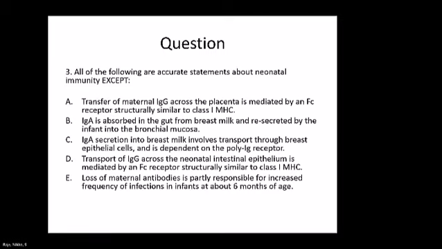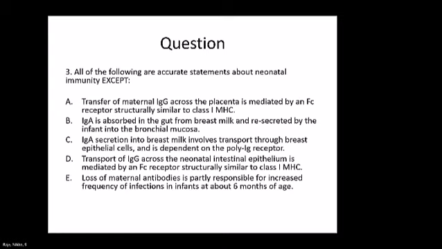Choice C, IgA secretion into breast milk involves transport through breast epithelial cells and is dependent on the poly-Ig receptor. Choice D, transport of IgG across the neonatal intestinal epithelium is mediated by an Fc receptor structurally similar to class 1 MHC. Choice E, loss of maternal antibodies is partly responsible for increased frequency of infections at about 6 months of age.